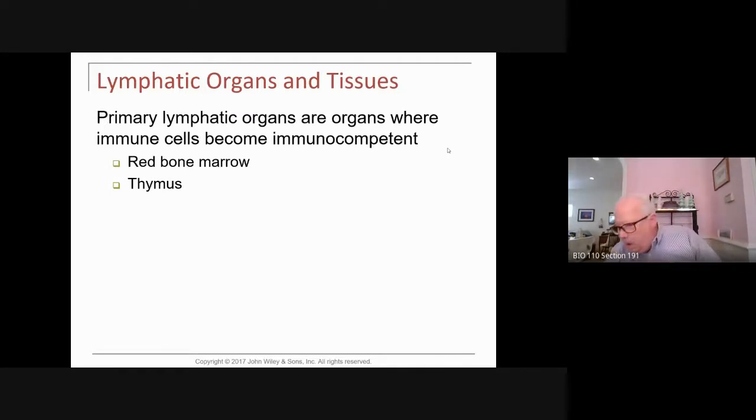There are primary and secondary organs in the lymphatic system. The primary lymphatic organs are where the lymphocytes become immunocompetent, where they mature. They mature in two places, and those two places are the primary lymphatic organs, and they are the red bone marrow and the thymus.